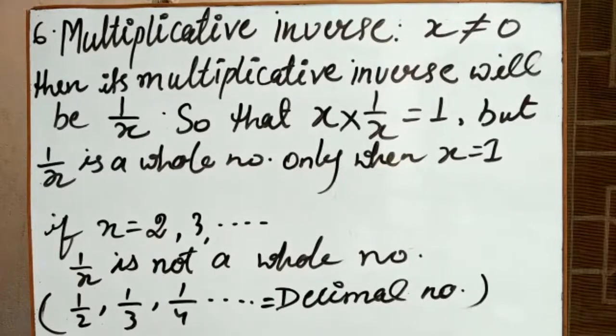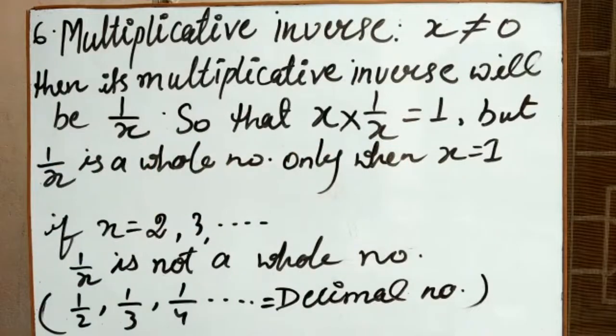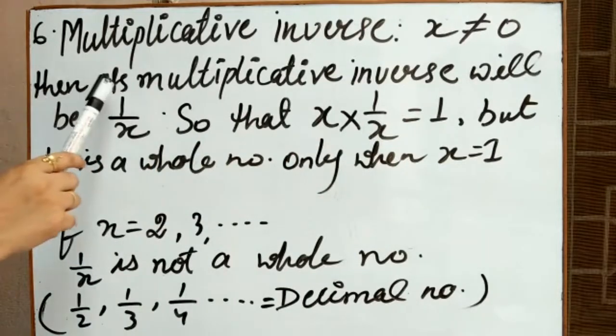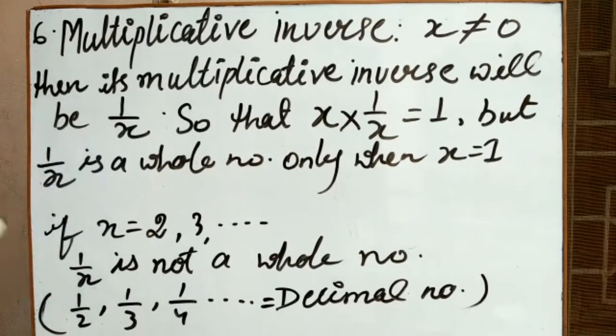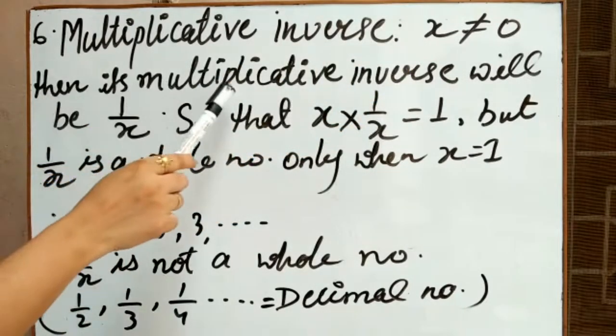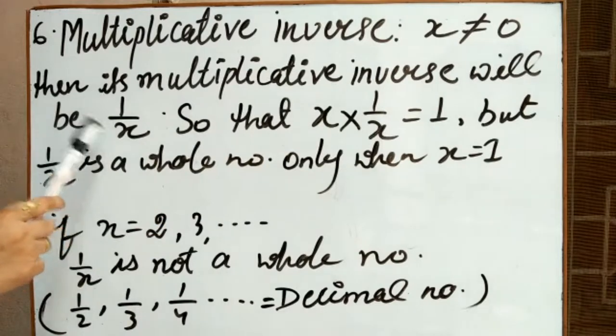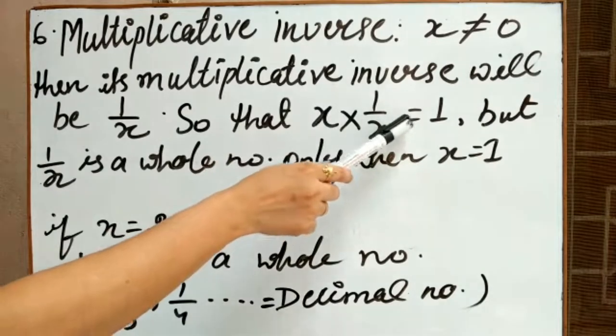The next property is multiplicative inverse. If x is any whole number except 0, then its multiplicative inverse will be 1 upon x. I repeat, for any whole number x except 0, its multiplicative inverse will be 1 upon x, so that x into 1 upon x is equal to 1.